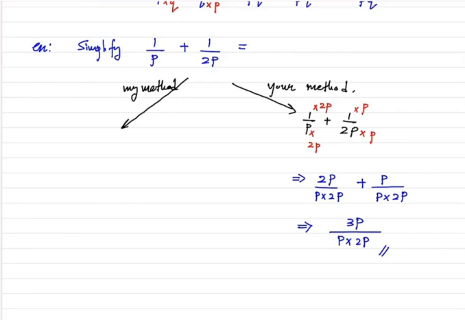My method. Look at my method. My original question is 1 divided by P plus 1 divided by 2P. Now, I'm going to make an observation. What I need to do is make a common denominator. So you have P here, you have 2P here. They are not common, right? Now, I will be a little smart here.